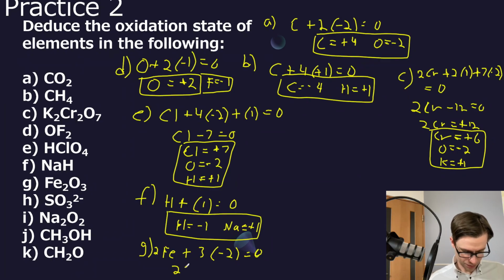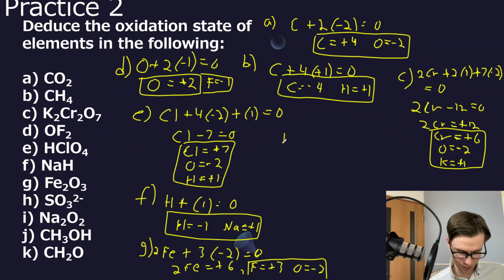So we're going to have 2Fe equals plus 6. Just rearrange this a little bit. And then Fe equals plus 3. And we did assume O equals minus 2. Done.